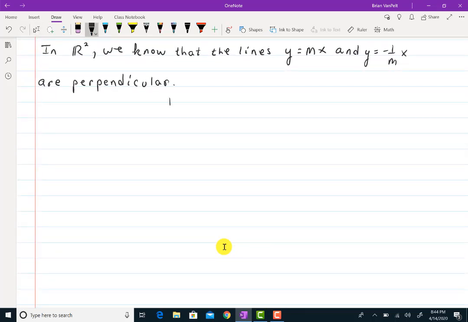So as a quick picture of this situation, you might have something like this. Let's say this is y equals mx. Then perpendicular to it, if I can hopefully get a picture that looks like this, y equals negative 1 over m x. Those two lines are perpendicular.